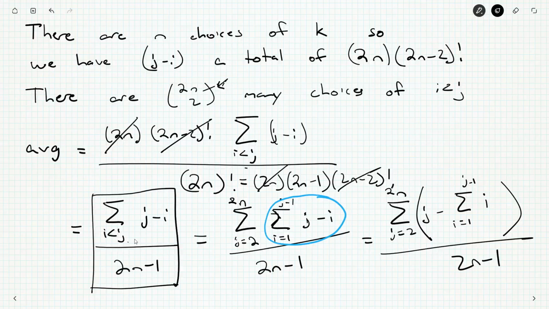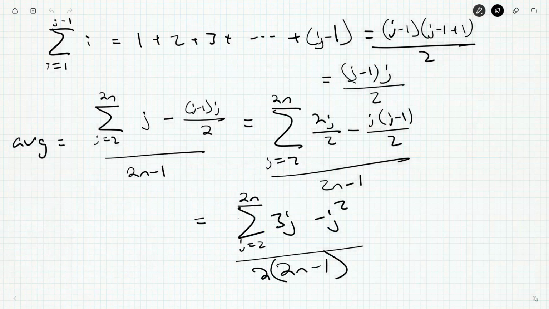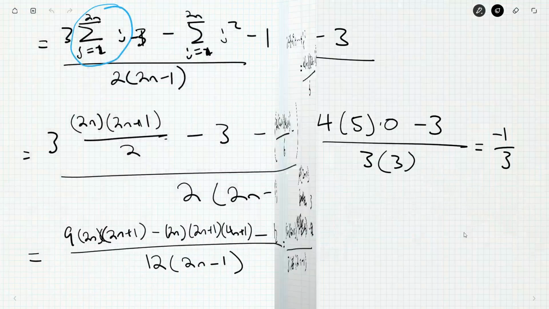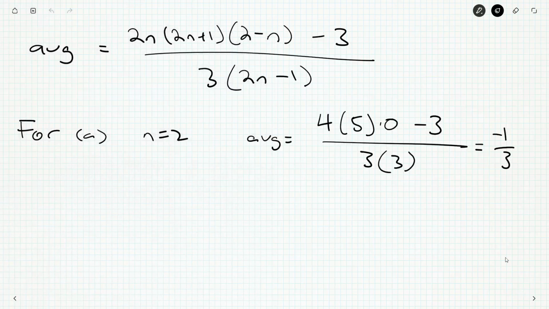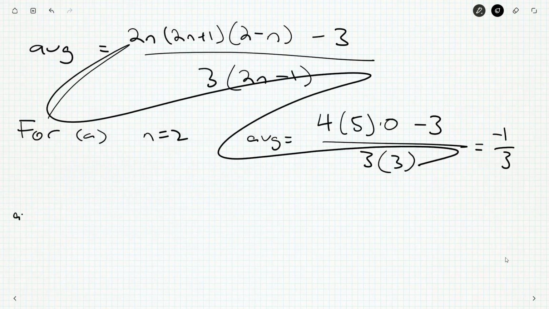Now, if I just stick with this formula, in the 2 case, what would I have? I don't have enough space. So ignore all this, I guess. Average: the sum of j minus i for i less than j, over 2n minus 1. I was happy with this.